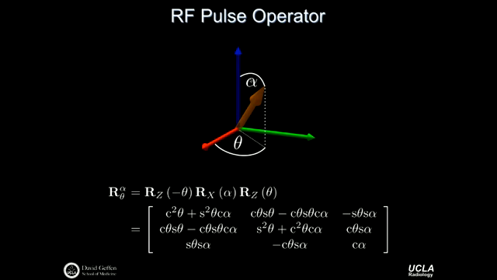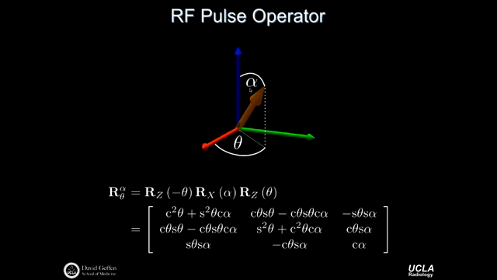I can tell that's not very clear. Let me think of another way of explaining it. This first change of basis just lets me see how I'm flipping my bulk magnetization.